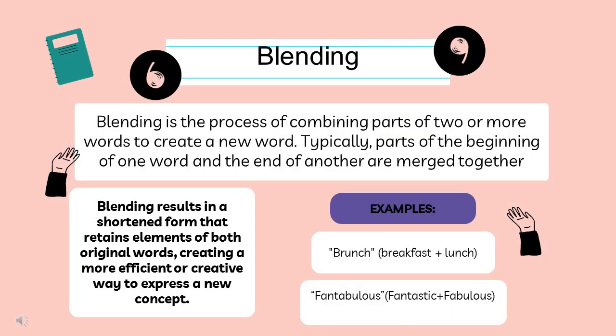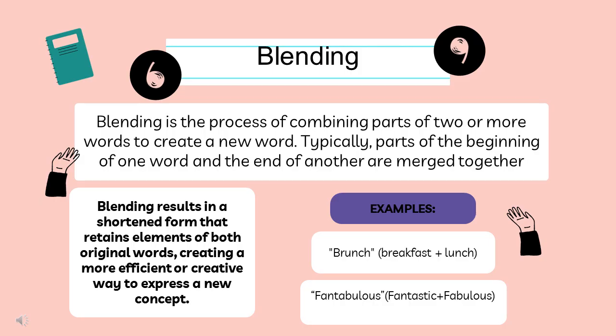The next word formation process is blending, which is the process of combining parts of two or more words to create a new word. Typically, parts of the beginning of one word and the end of another are merged together. Why is blending used in some words? Because it results in a shortened form that retains elements of both original words, creating a more efficient or creative way to express a new concept.